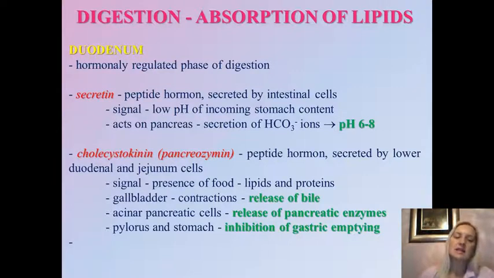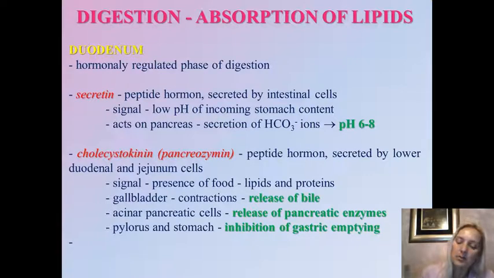First, it acts on the gallbladder, causing its contractions and the release of bile, which we saw is necessary for emulsification. Then it acts on acinar pancreatic cells to release pancreatic enzymes, which are going to, of course, digest not only lipids but carbs and proteins as well.